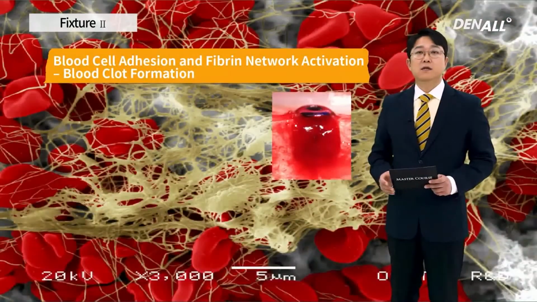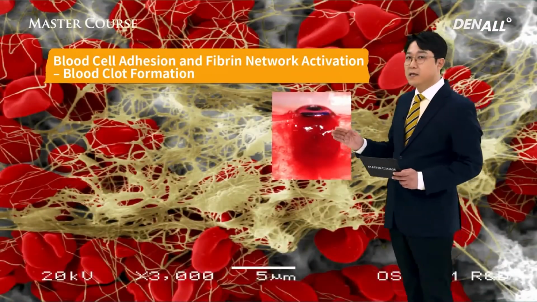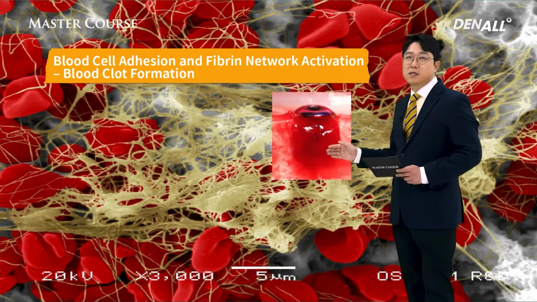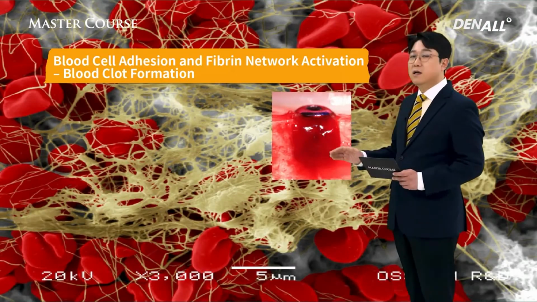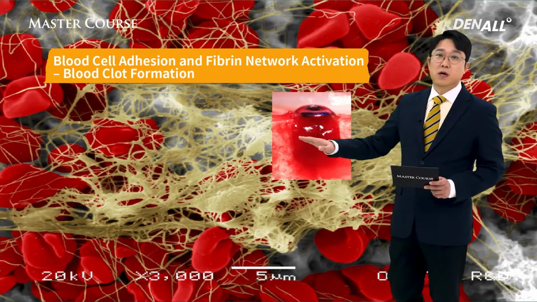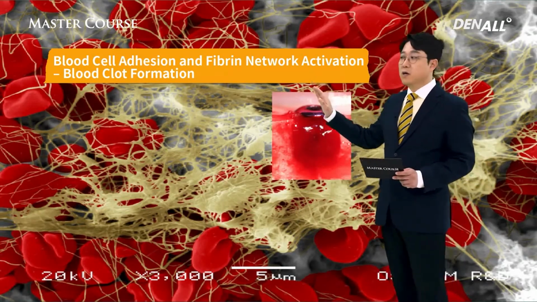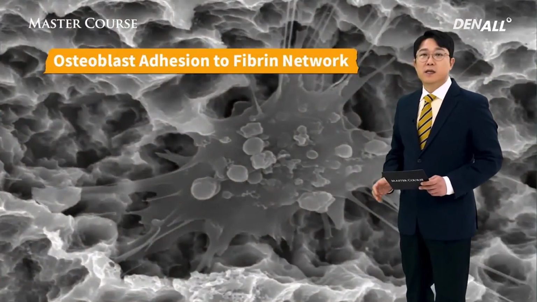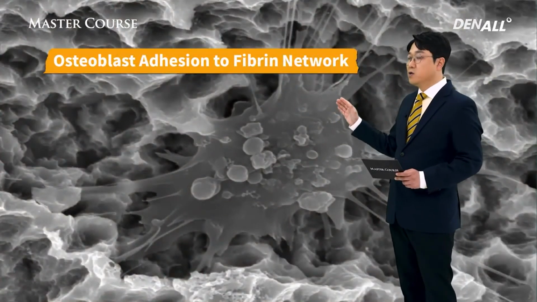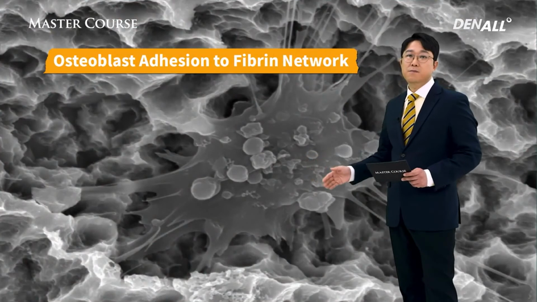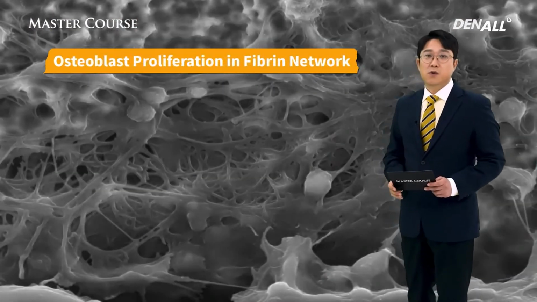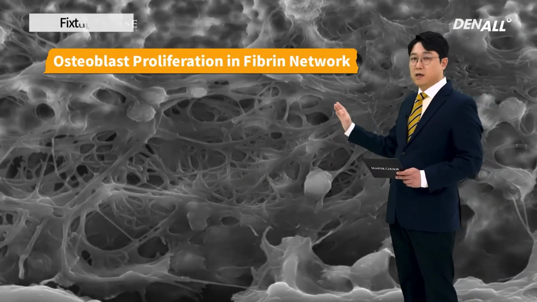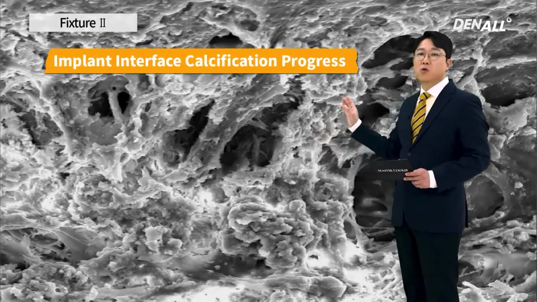Let's have a look in more detail at the cell level. After the implant is placed, when blood clots are properly formed, as you can see, the fibrin network is made. The fibrin network is formed on the implant surface, osteoblasts would adhere to it, and such osteoblasts would proliferate, making new bone.